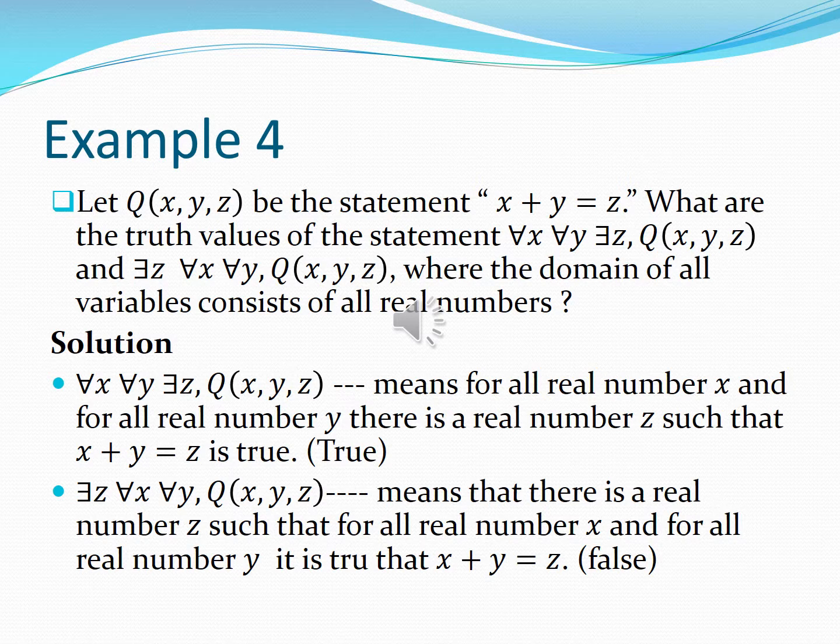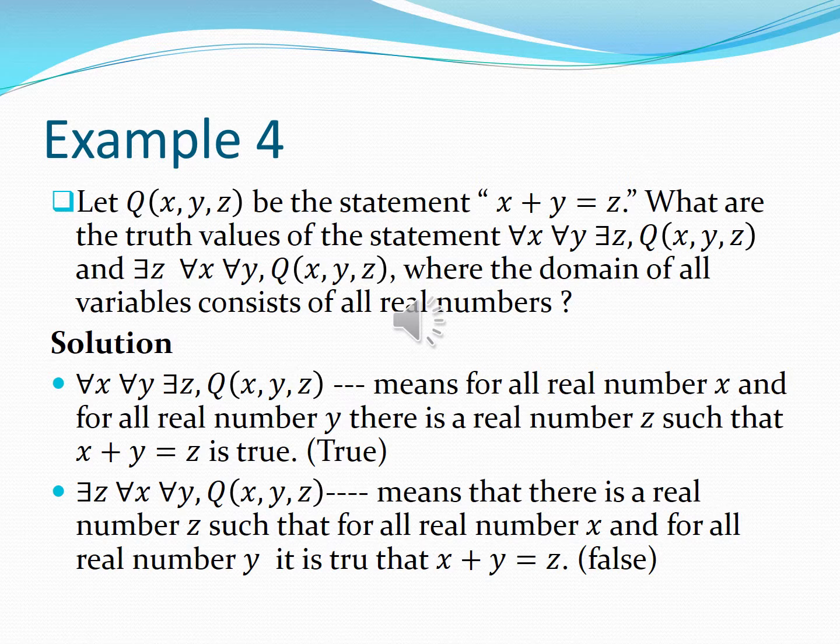The second one: existential quantifier z, universal quantifier x, universal quantifier y, q of x, y, z, where the domain of all these variables is the real numbers.